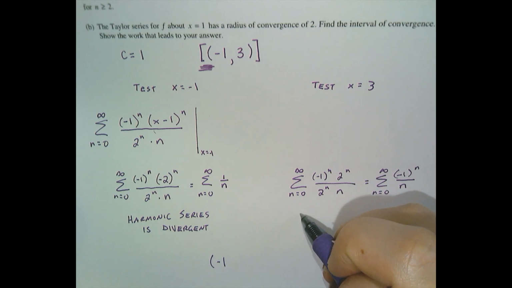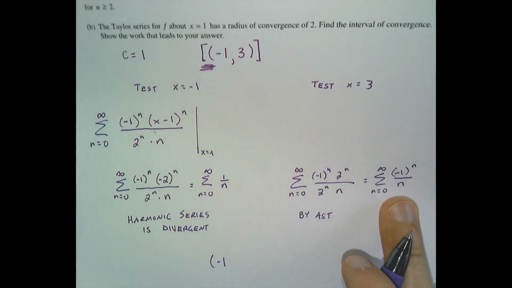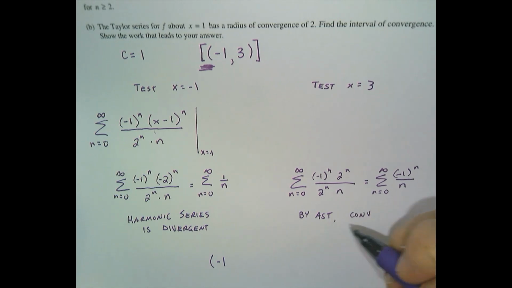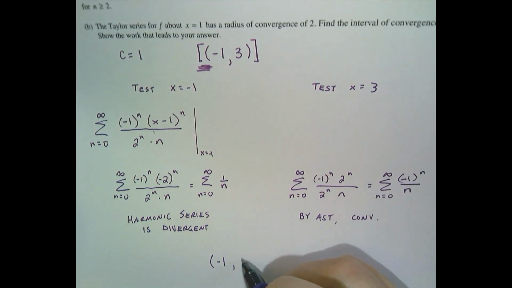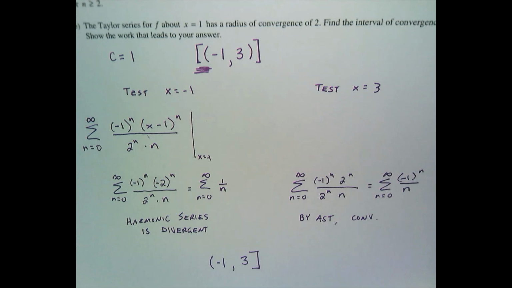By the alternating series test, or by our recognition of alternating harmonics, we should be able to draw the conclusion of convergence. So it converges when x equals 3. So on the hard bracket, we put that on the 3. So our interval of convergence goes from -1 excluded to 3 included.